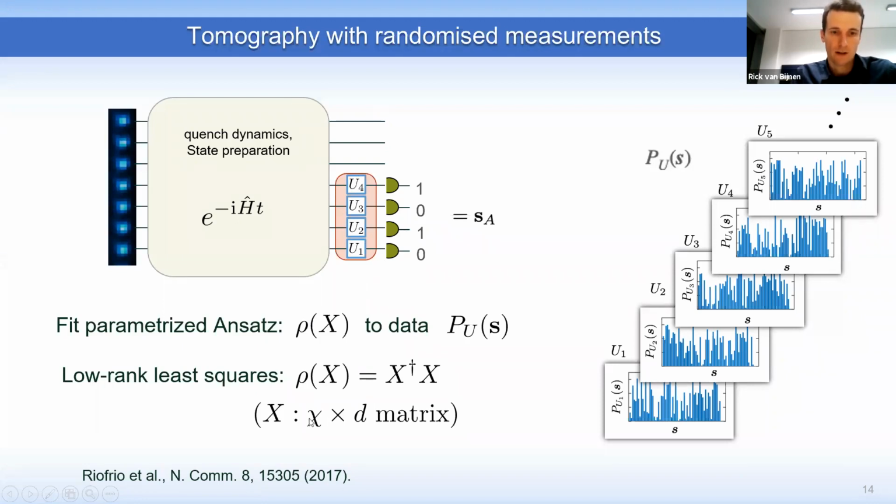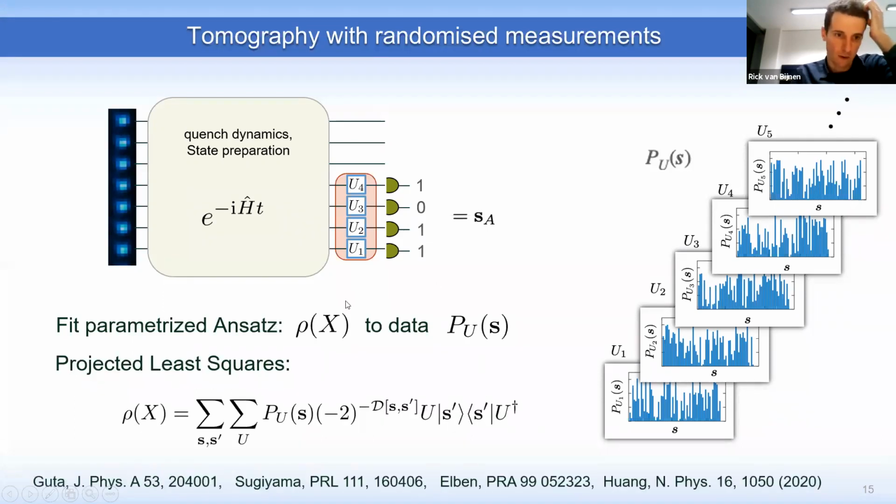I can take a low rank Ansatz and construct out of this a positive semi-definite matrix, which the density matrix has to be. Then we try to collect enough data so that we can fit all the entries of X. But this X is an exponentially large matrix. This D is the Hilbert space dimension of your subsystem. So this is an exponential procedure. I need exponentially many samples in order to determine all the entries of X.